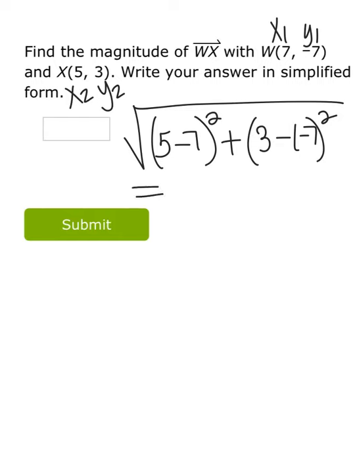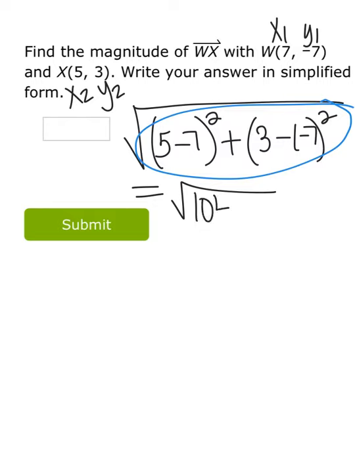Once again, only evaluate what's under the radical first. So whenever I type in 5 minus 7 squared plus 3 minus -7 squared, I would get 104.